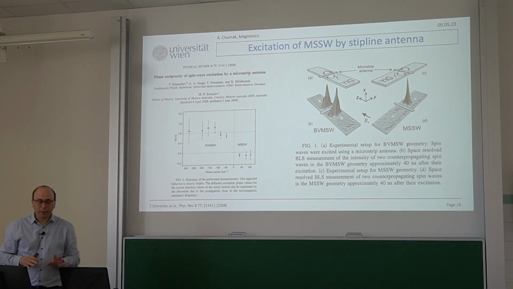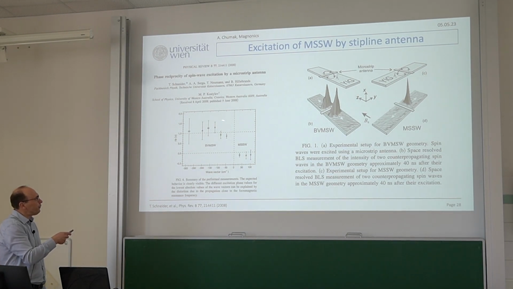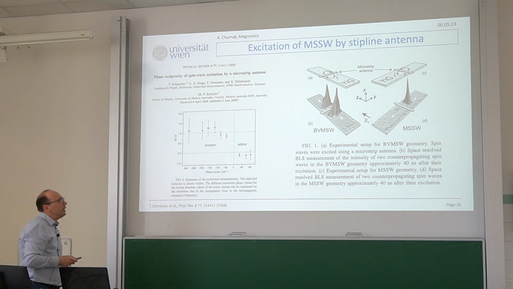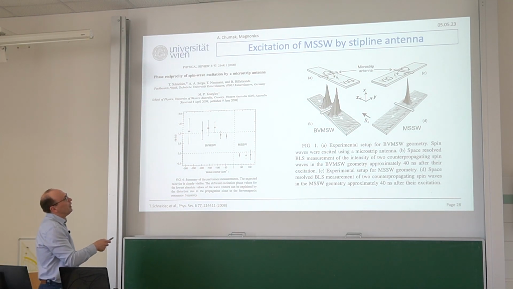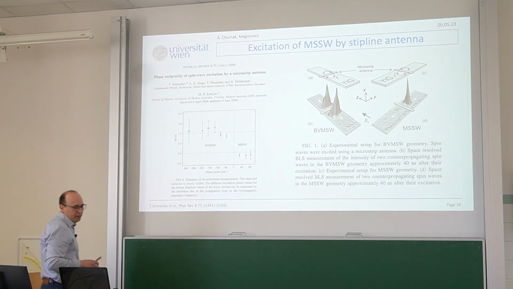And what else they have measured and described theoretically is the phase. The point is that when you excite a backward volume wave, there will be a wave which propagates in the opposite direction, and it will have different phase. So this one has opposite phase, shifted by pi, compared to this one. And in Damon-Eshbach, the phase of excited waves to one and another direction will be different.